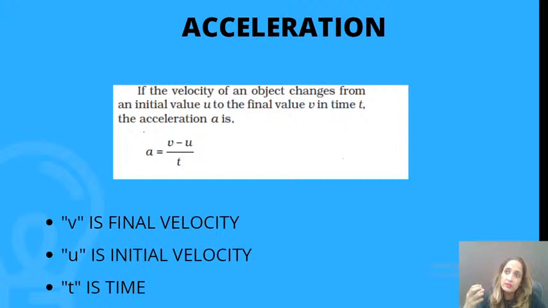What do I mean by that? It has some velocity value 1 when it started, and over a period of time it changed to velocity value 2. This is what we call initial velocity and final velocity. So remember, v is the final velocity of an object, u is the initial velocity of the same object, and t is the time taken for this change to happen.